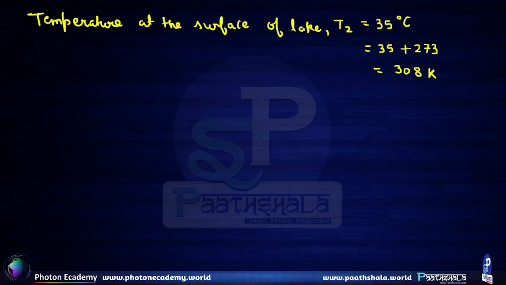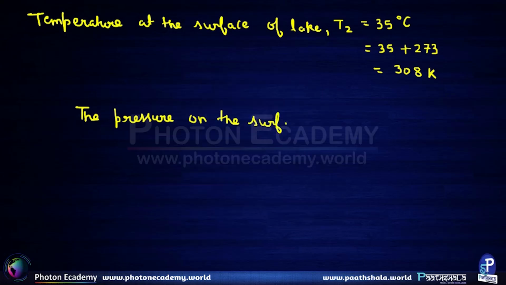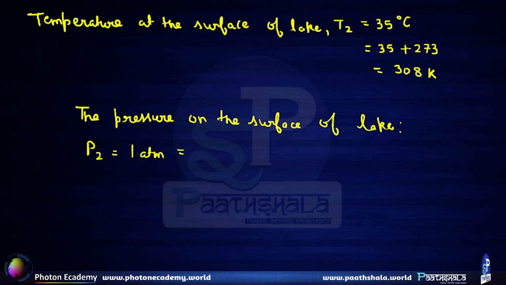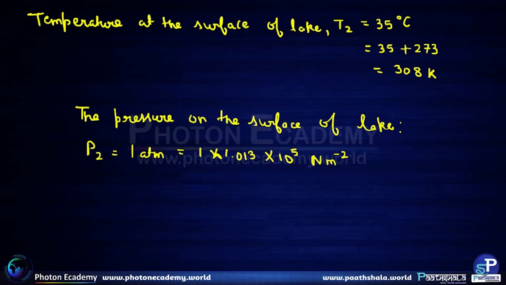So the pressure on the surface of the lake, we denote it by P2, will be equal to 1 atm, which is equal to 1.013 × 10^5 Newton per meter square, or you can take it as Pascal.